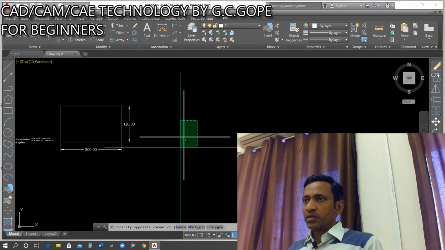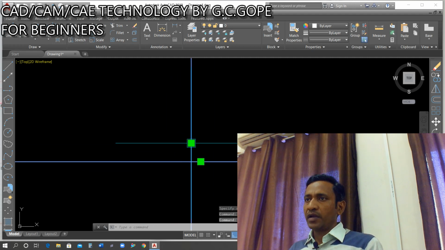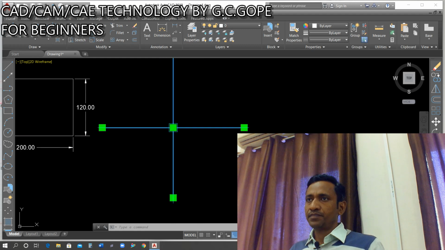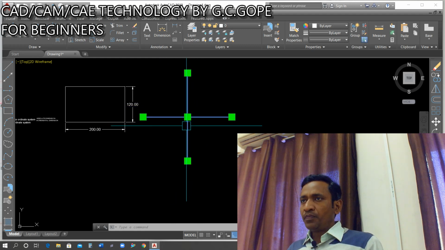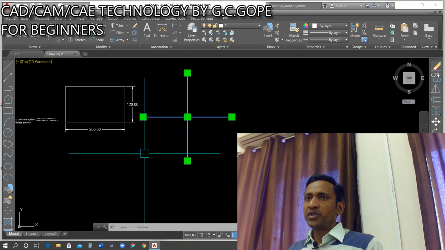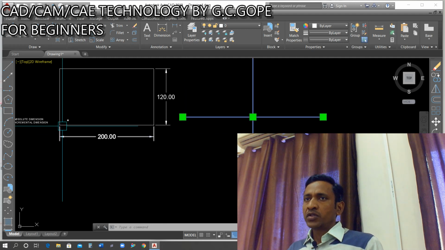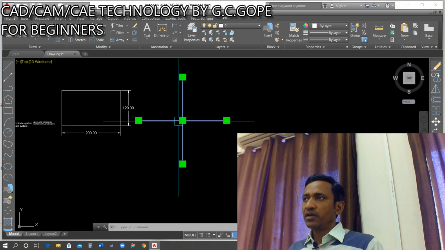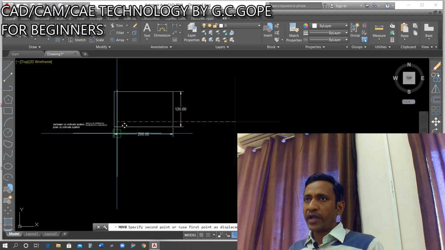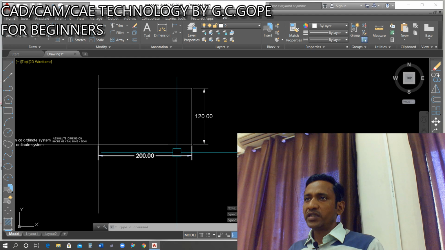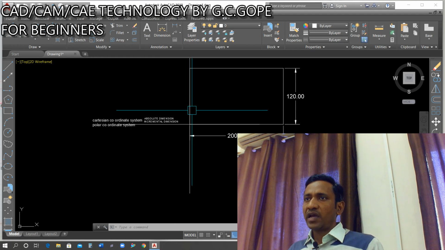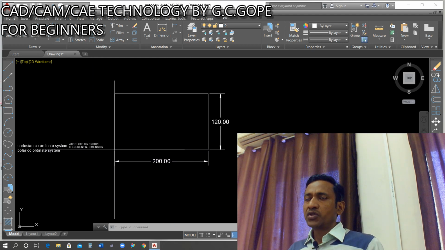So select this one, and now suppose I am going to drag this one and drop it at this corner. So what will we see? When we do that, suppose this is the axis system. So here is the x axis, y axis, x negative, y negative, so this one is existing in the first coordinate system.